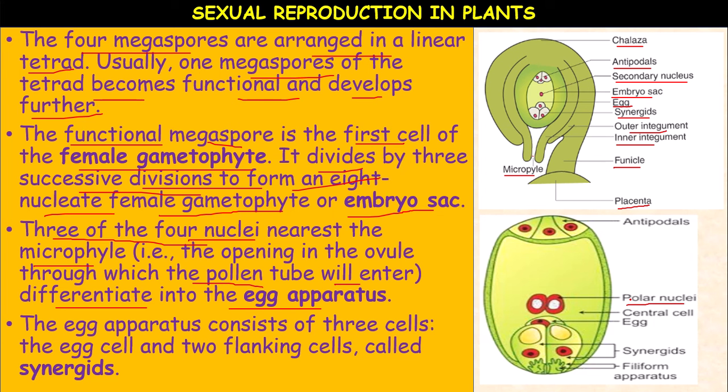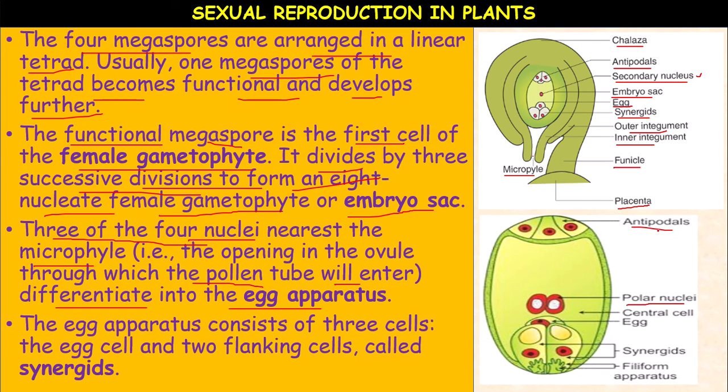This is the secondary nucleus. The 3 nuclei at the chalazal end of the embryo sac, this is the chalaza, form the antipodals. These are the antipodals.